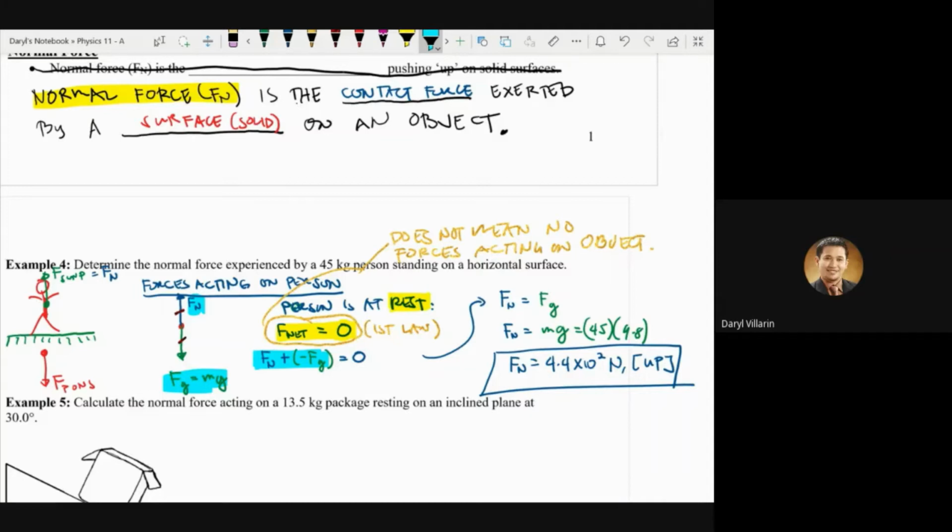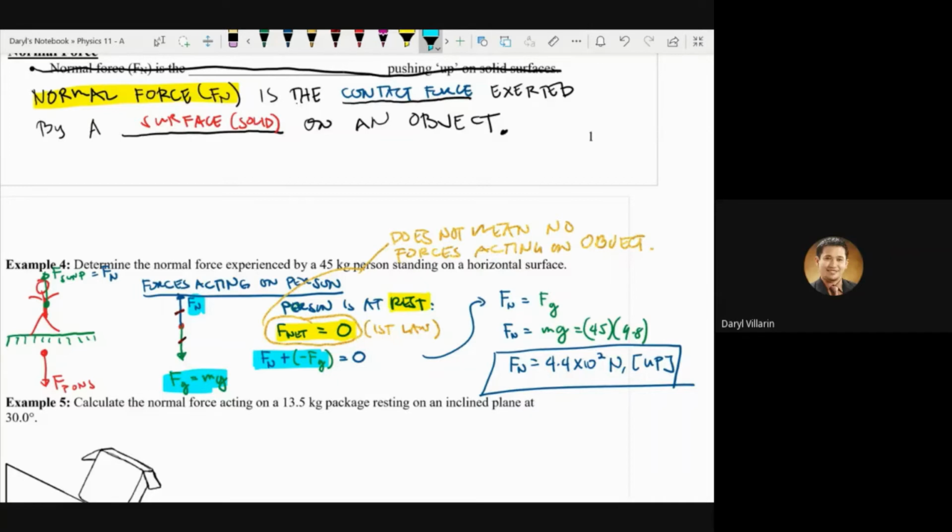Okay? It doesn't necessarily mean that you don't have any force acting on the object, especially here on Earth. Again, you're always subjected to the force of gravity. Okay? Any question on this one here? Hopefully you will not look at this expression and take it as, oh, I don't have any force acting on the object.